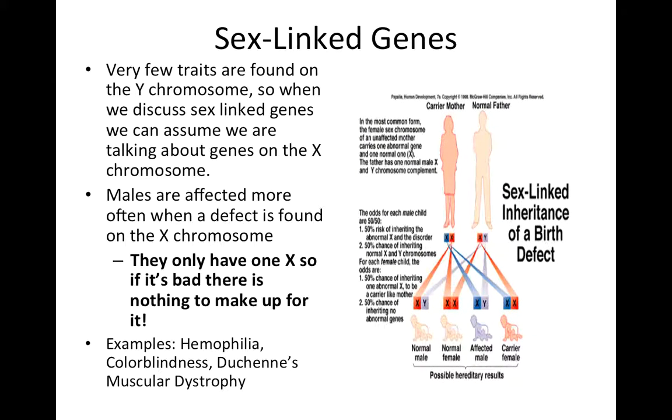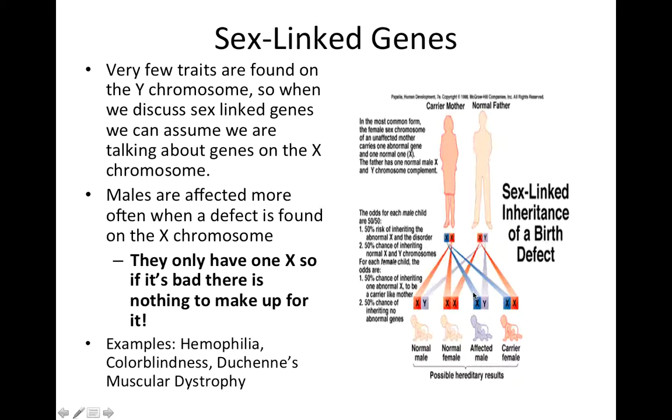So here's a picture to represent this. If your mother is a carrier, a carrier is a person that has that trait but is not expressing that trait. She has that extra X copy, so she's not going to express the defective trait. But if she has a male, he only gets one copy of her X chromosomes, and the other sex chromosome comes from the dad.